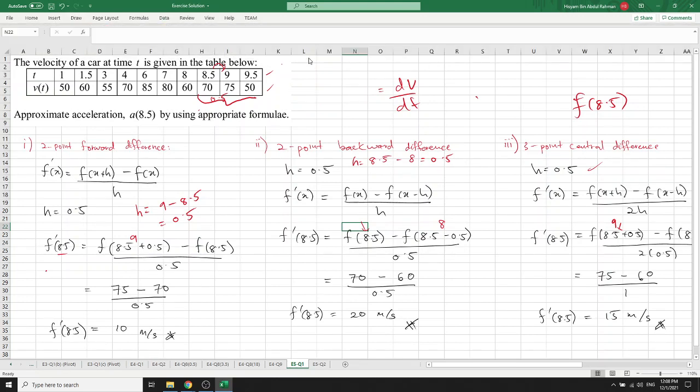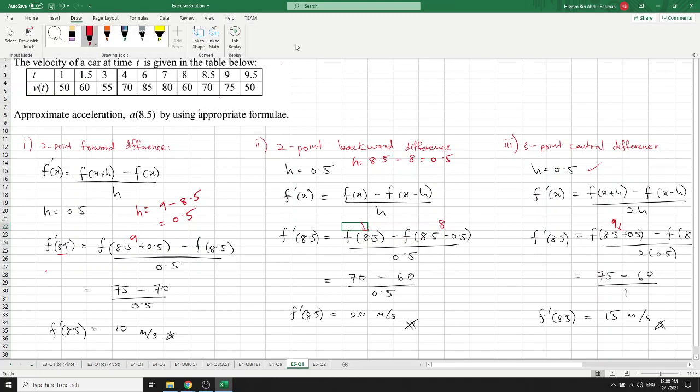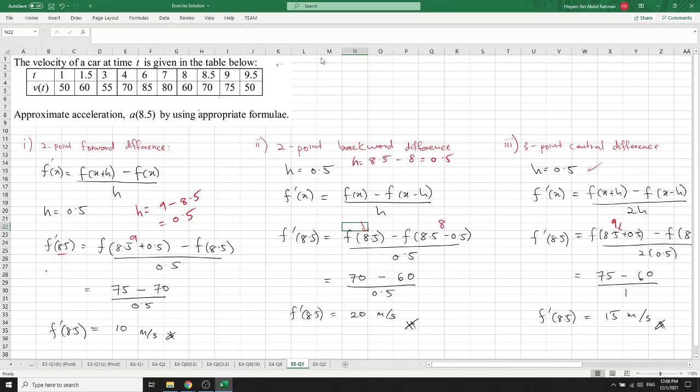We write the 3-point backward formula: f(x minus 2h) minus 4 f(x minus h) plus 3 fx, divided by 2h.